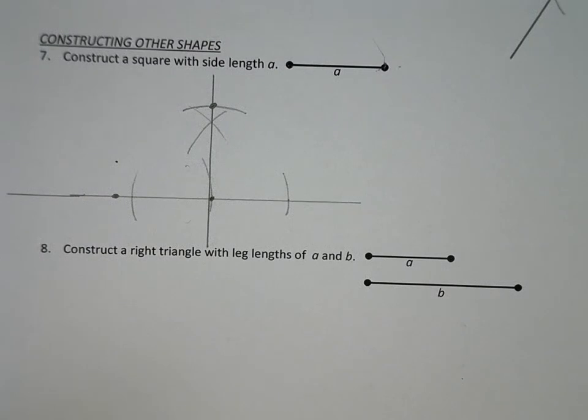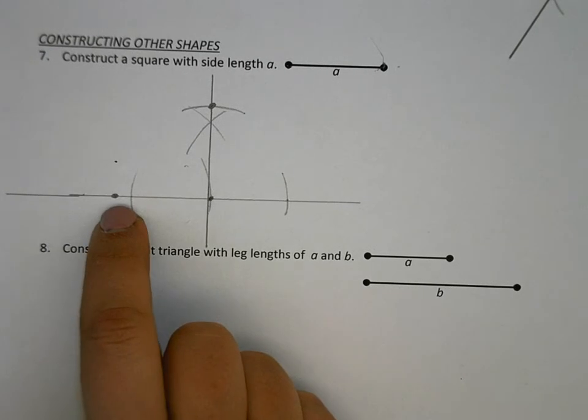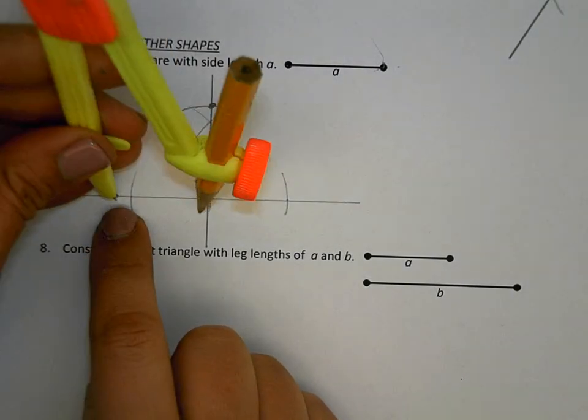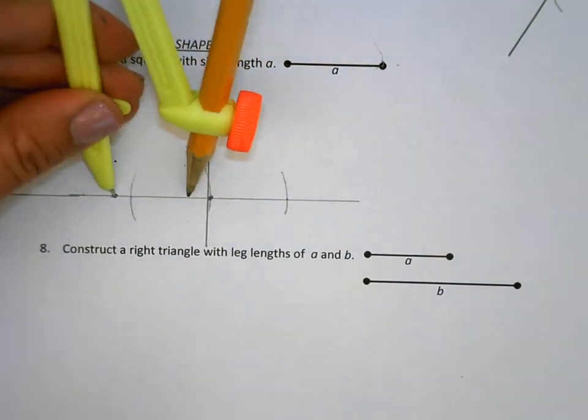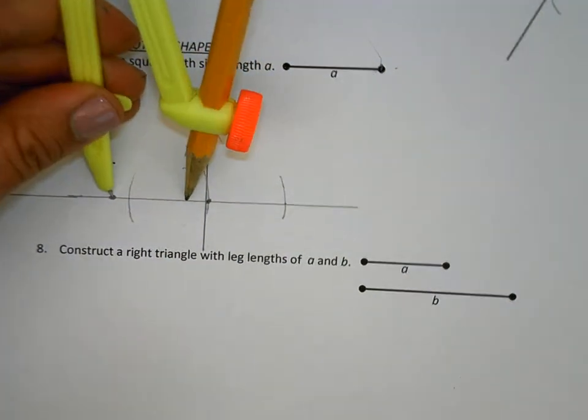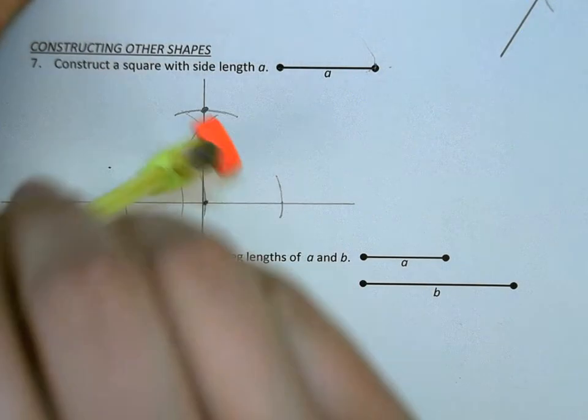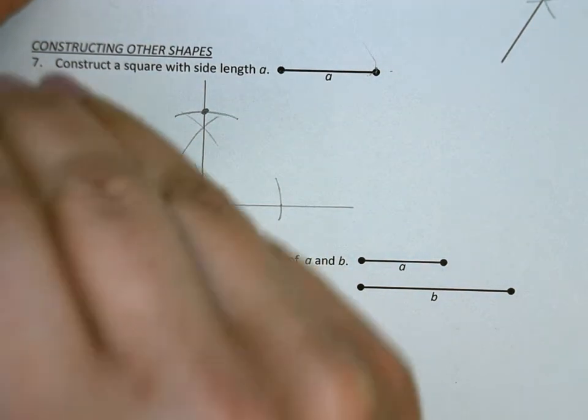Okay. What do we do next? We do it all again using this point to the other side, okay? So we have to make endpoints. So using the other corner, make an arc on both sides of it, right?